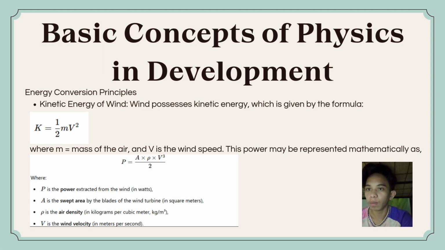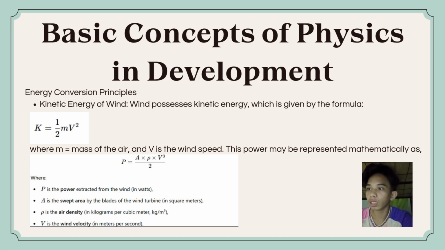This power may be represented mathematically as P equals 1/2 times A times ρ times v cubed, where P is the power extracted from the wind in watts. A is the swept area by the blades of the wind turbine in square meters.